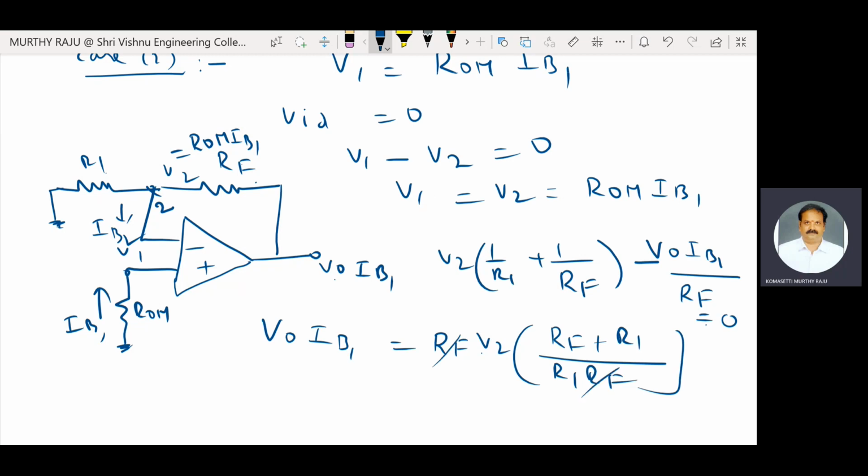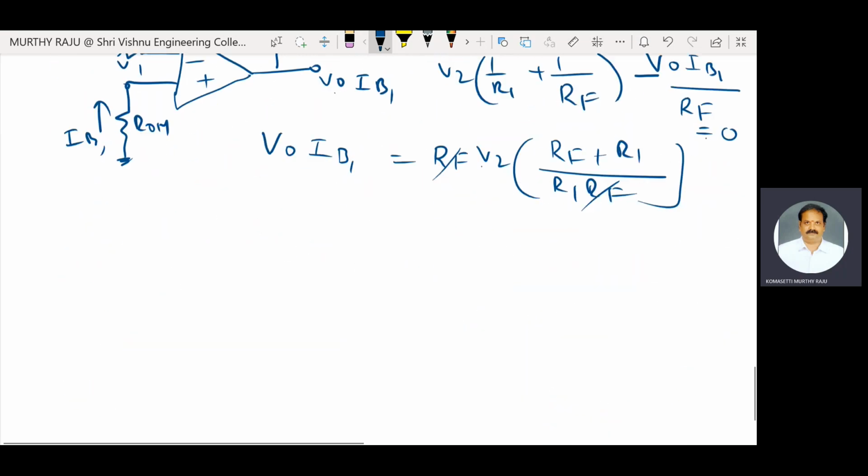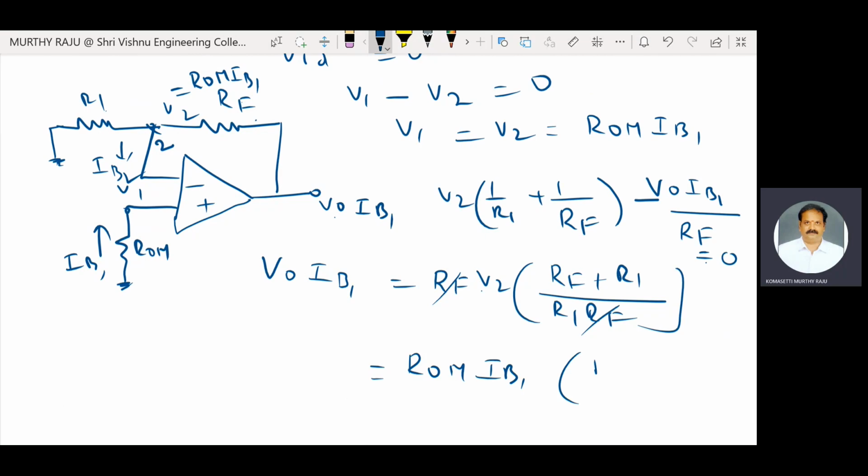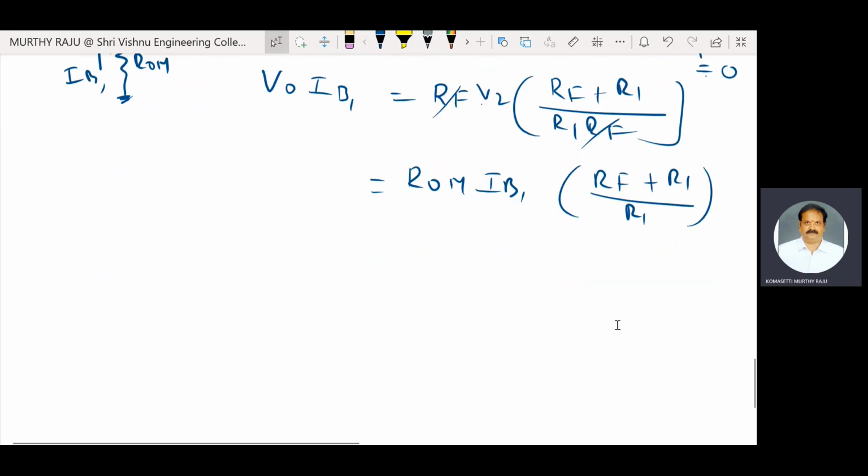RF is cancelled. We know that V2 is equal to ROM into IB1 into RF plus R1 by R1. That is equal to ROM.